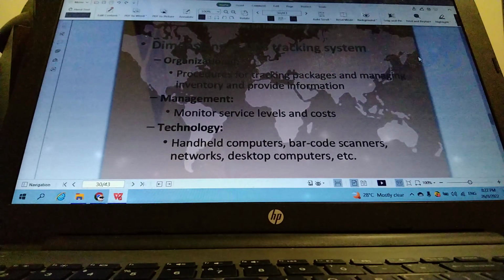In terms of technology, of course, this UPS company will be using handheld devices or computers, scanners, barcode scanners, or 3D scanners, or all kinds of scanners, depending on what they use, computers, any smart devices, in order to complete their jobs. So these are the dimensions of the UPS tracking system.